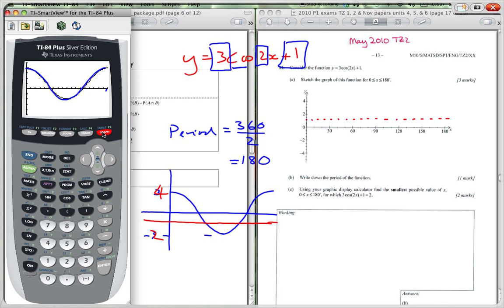We see it goes to 180. It's going to start at 4. The minimum value that it's going to be is at -2, so I can put a line across there. The maximum value that it's going to go is at +4. We're going to have that at 90, it would be over there. Let me just do it in a different color.